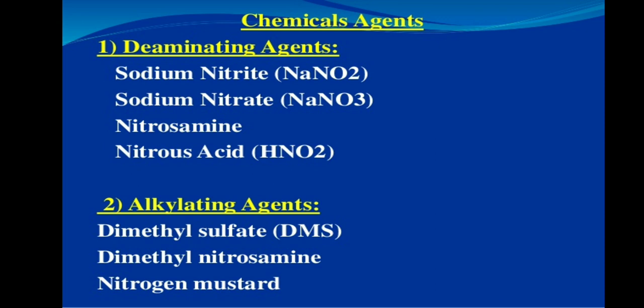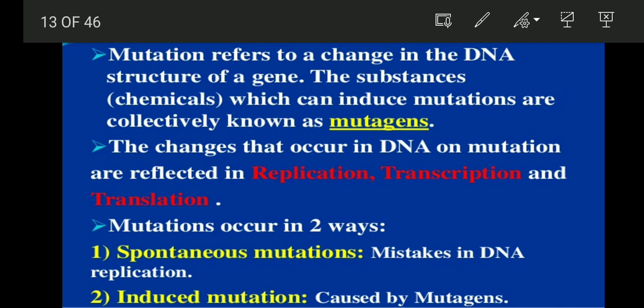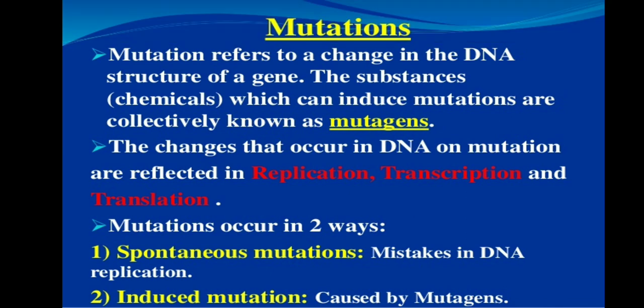Or some chemicals like dimethyl sulfate, commonly called DMS, or dimethyl nitrosamine, or nitrogen mustard can cause alkylation. So these are alkylating agents which can also cause DNA damage, and due to such DNA damage, mutation can occur.